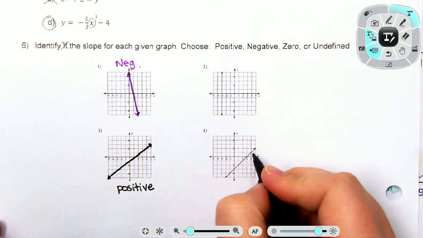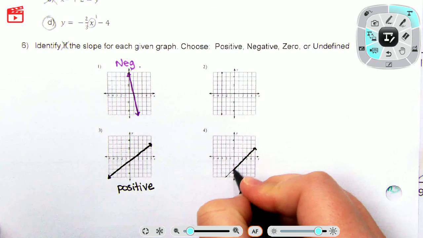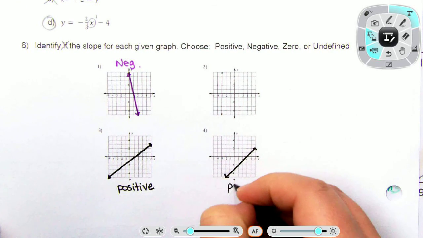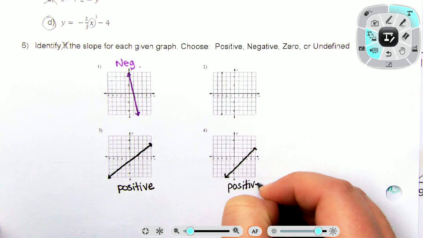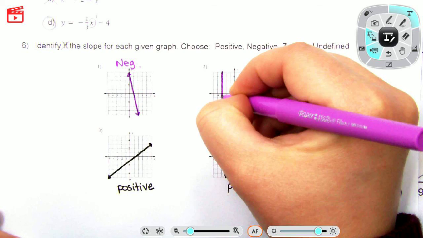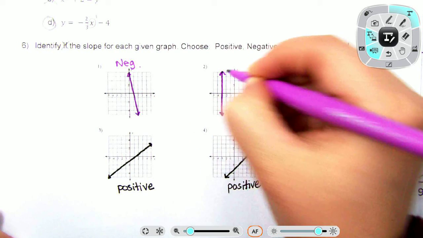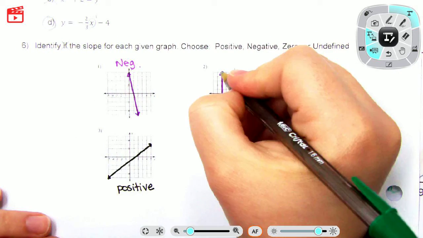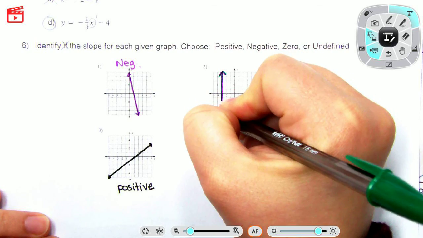So I see another going up a hill, so that is positive as well. And now here, this one is a little bit tricky because it is a vertical line, vertical.